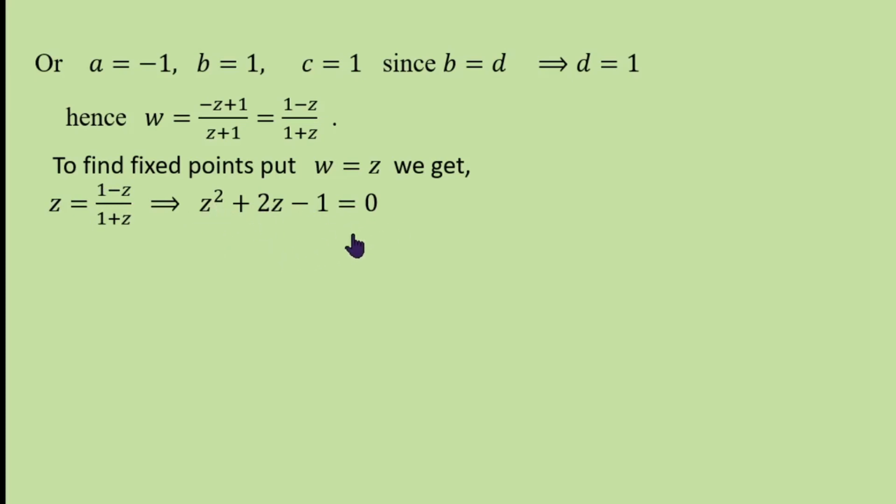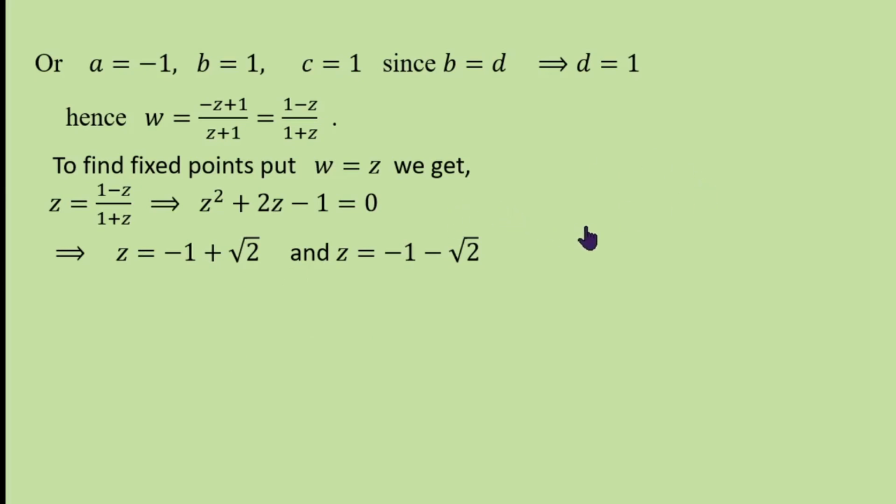Minus B plus or minus root B square minus 4AC by 2A. Therefore, Z is minus 1 plus root 2 and minus 1 minus root 2. These two are invariant points. For these 2 points, W equal to Z. This is how we can find the invariant points.